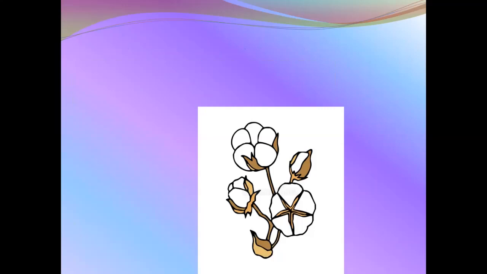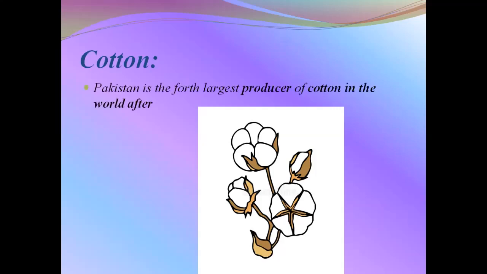Let's come to the first, Pakistan's largest export item, that is cotton. Pakistan is the fourth largest producer of cotton in the world after USA, China and India.